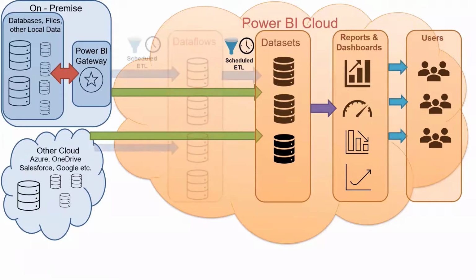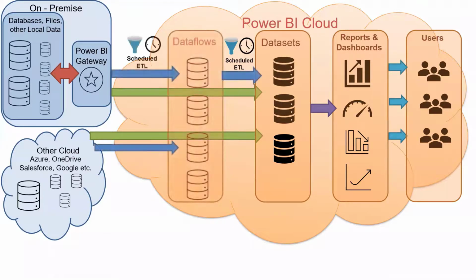If we bring back in the data flows, one of the reasons we might want to use a data flow is if it's very slow getting data out of the on-premise data sets, or if it's very complex to transform that data.